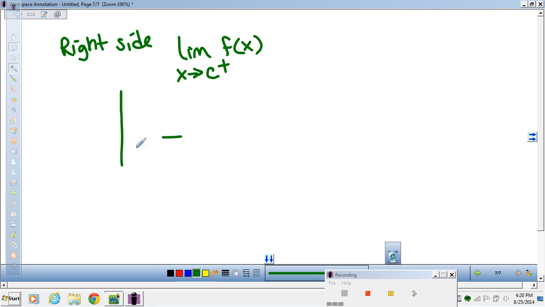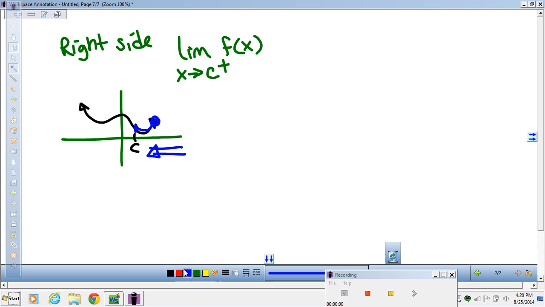So that means if I have a function and it looks like this, whatever, c's right here, from the right means I'm approaching it from this side. So I start here and I'll travel until I get to that c, and that'll tell me what the limit is.